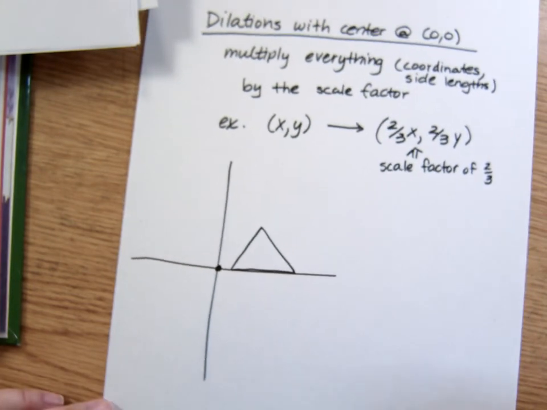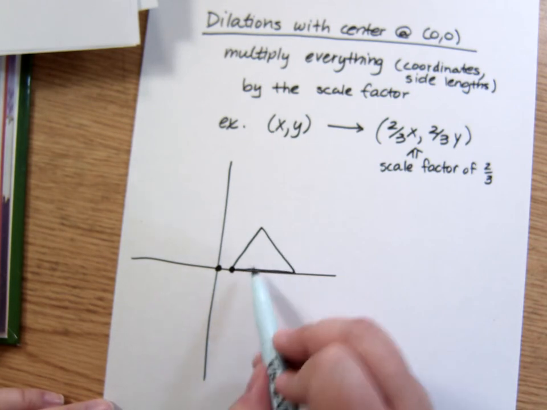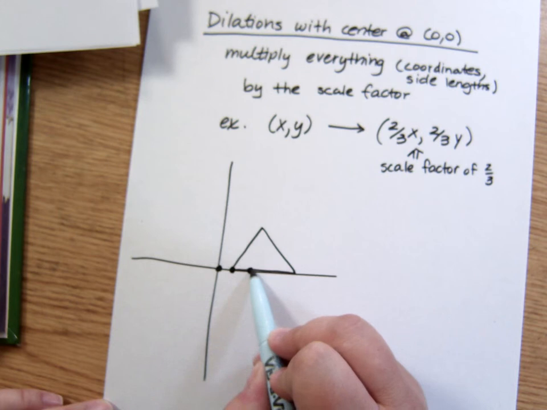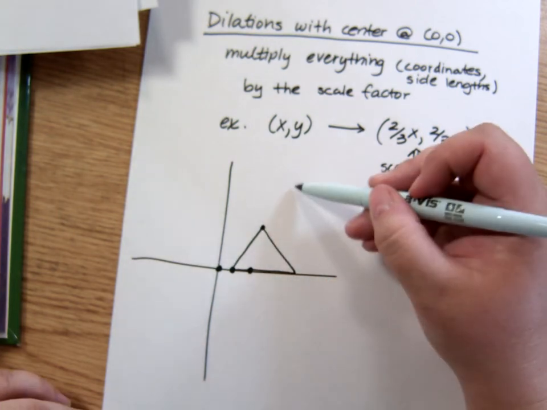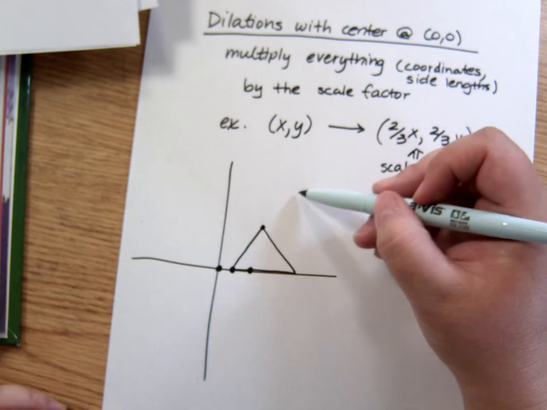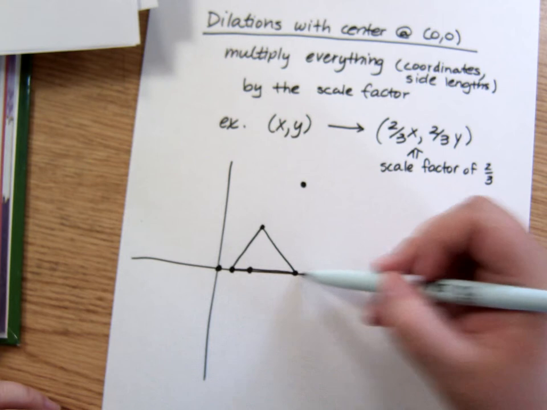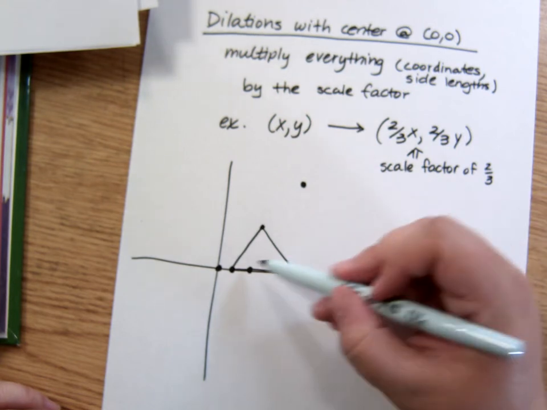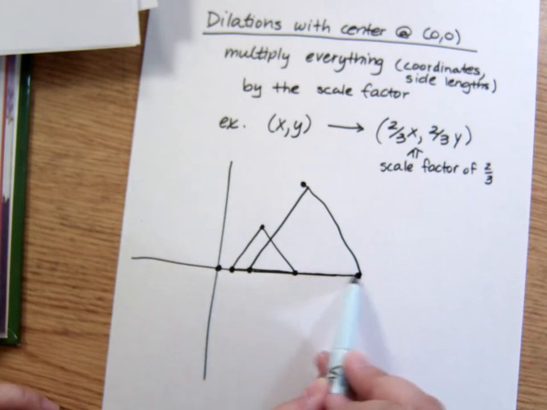That means I find these coordinates and I make each twice as big. So it would be right here. And this coordinate, twice as big, so it would be up here somewhere. And this coordinate, twice as big, so it's over here. I'm sorry, that's kind of out of line. My new one is like this.